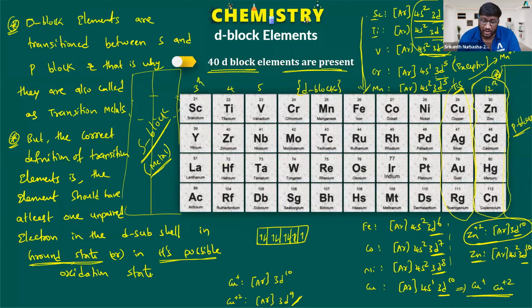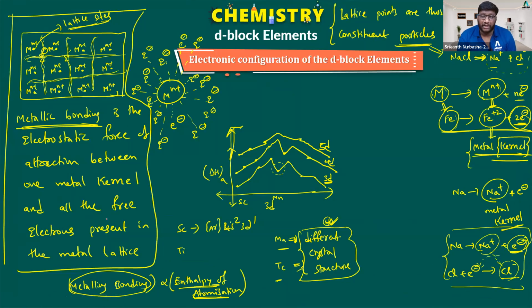Why? Because in the zinc group, you do not have any unpaired electron in the ground state or in the excited states. And if we look at what type of bonding is present, metallic bonding exists in all the metals, and this metallic bonding is directly proportional to the number of unpaired electrons.